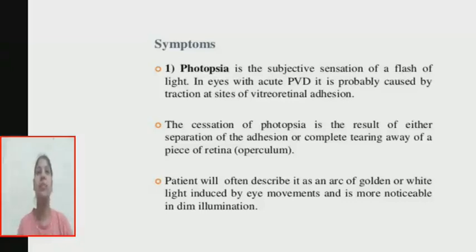It is probably caused by traction at the site of vitreoretinal adhesion. The cessation of photopsia is the result of either separation of the adhesion or complete tearing away of a piece of retina.